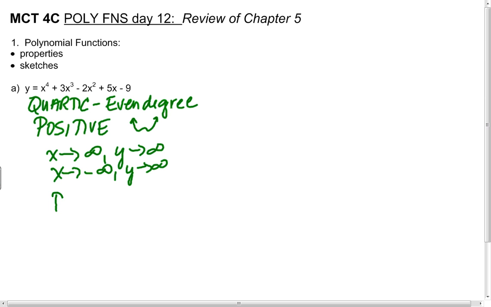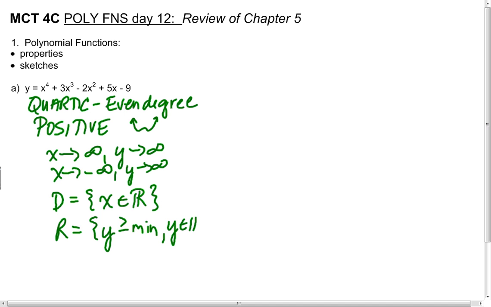I know the domain is all real numbers, but with even degree, I have restraints on the range. So my y value is going to be greater than or equal to, because it's going upwards, the minimum, and y is a real number. I don't happen to know that number, but I do know that there's going to be restraints on the range. I also know the y-intercept is minus 9.